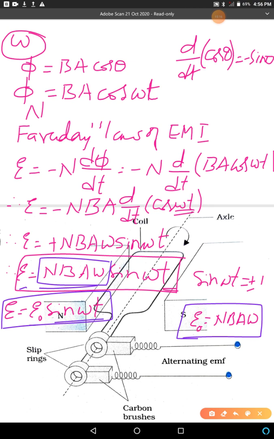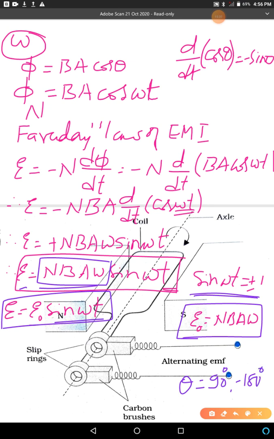When will the induced EMF be maximum? The induced EMF will be maximum when sin omega t is plus or minus 1. Sin is plus or minus 1 when theta is 90 degrees or 270 degrees. Sin 90 is 1, sin 270 is minus 1.